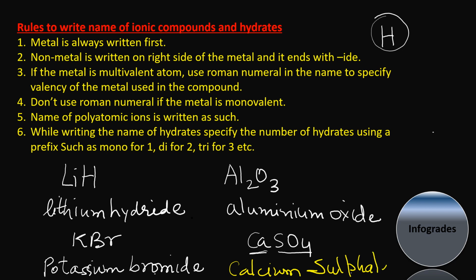We'll just get the name of SO4 from the polyatomic ions list. So you just have to be a little careful with the polyatomic ions. If you see a group of atoms on the right side, more than one atom, that means it is polyatomic. Even if you see more than one on the left, still it will be a polyatomic ion.